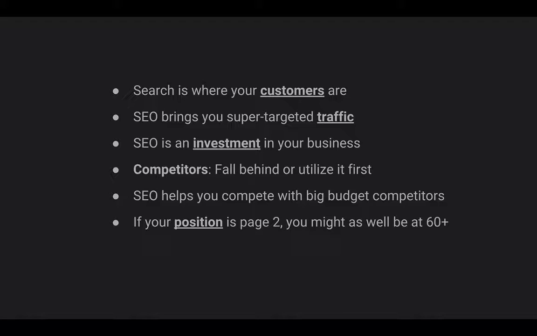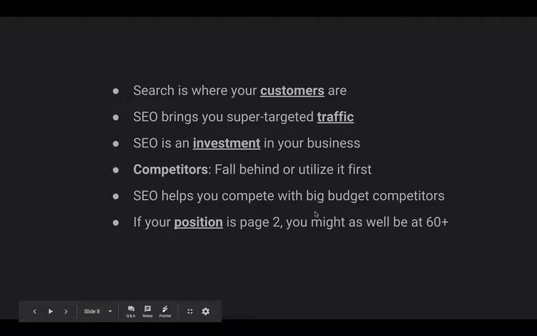SEO also helps you compete with big budget competitors, like you've seen with bookings.com versus Sunset Manor for the same keyword. And if your position is on page 2, or from 11 to 100, you might as well be at 100, or as I say here, it's 60 plus.